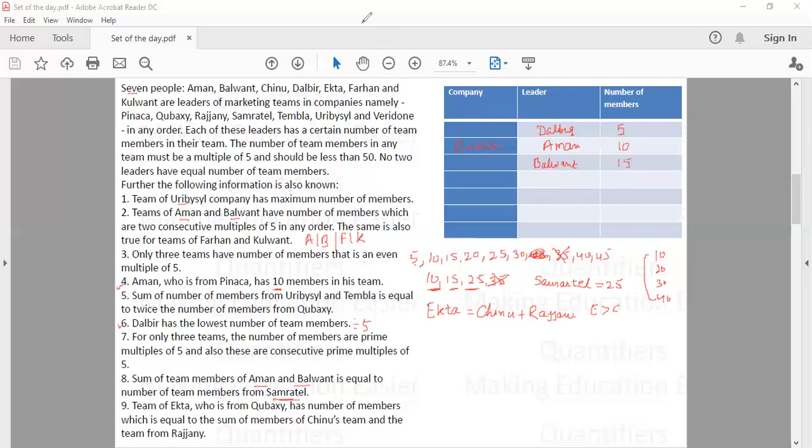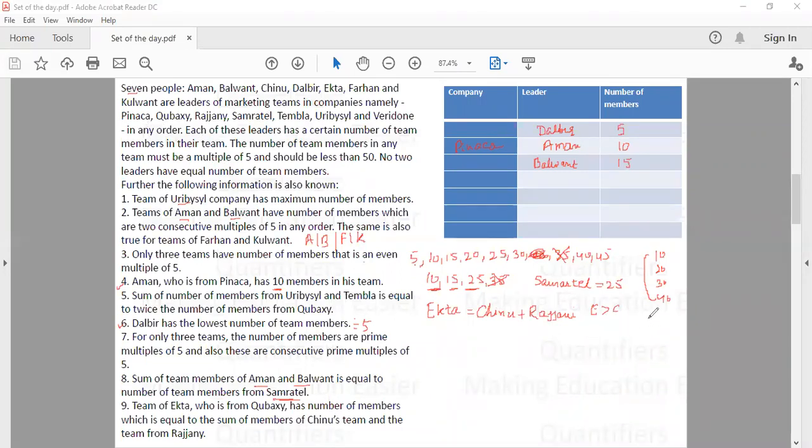Now let us write down all the possibilities for this equation. So we have members 5, 10, 15. We already know that these 5, 10, 15 belong to Dalbir, Aman and Balwant, so let's leave them. I'm not writing down these people since these numbers are already assigned to Dalbir, Aman and Balwant.